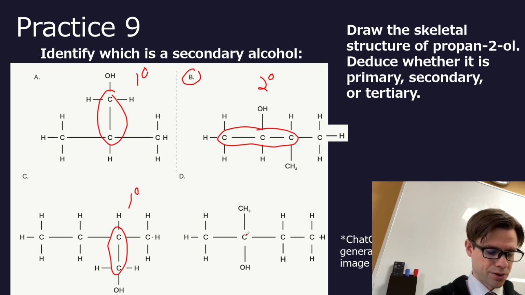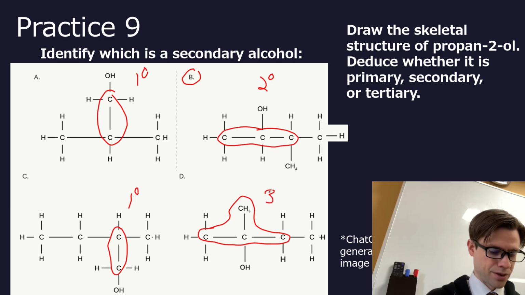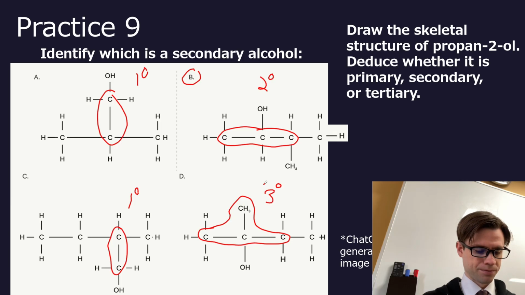This OH group is attached to a carbon that is attached to 3 other carbons. It's in the middle of a chain and also on a carbon that has a methyl branch. This is the only example here of a tertiary, often a little bit more rare, but they do exist, tertiary alcohol there. So the answer is, in fact, B, secondary.